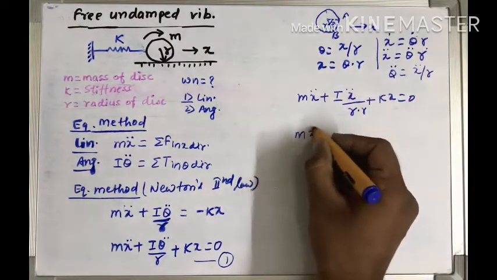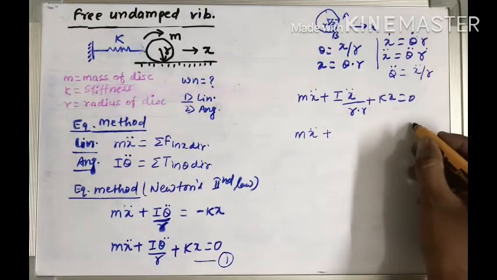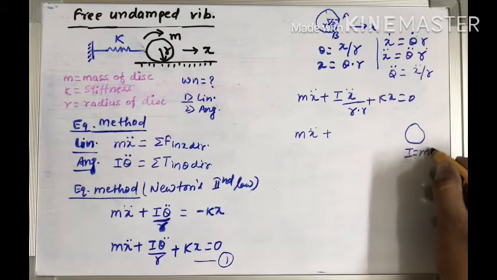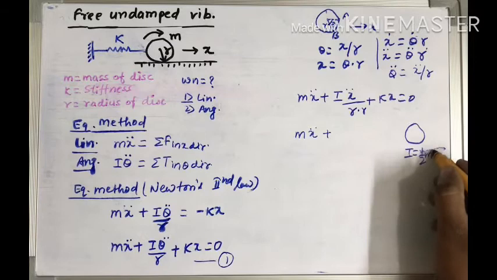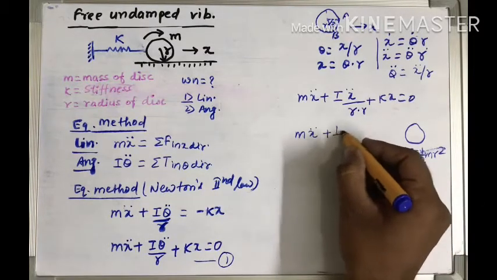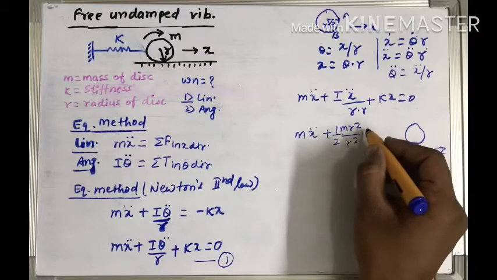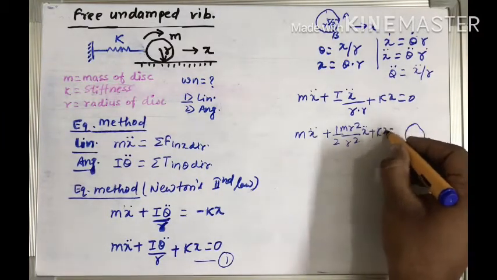So it is m x double dot plus, now we know that the moment of inertia I for a simple disk is 1 by 2 m r square. So we write 1 by 2 m r square, already in the denominator there is r square, plus kx equal to 0.